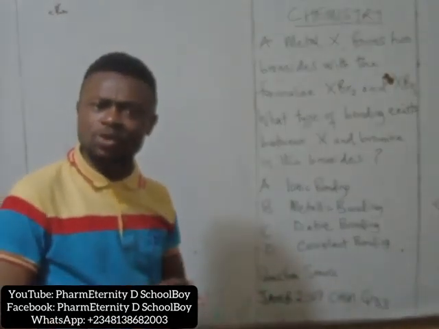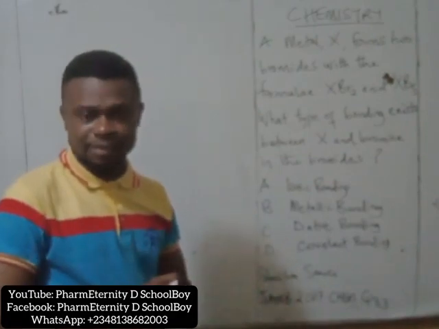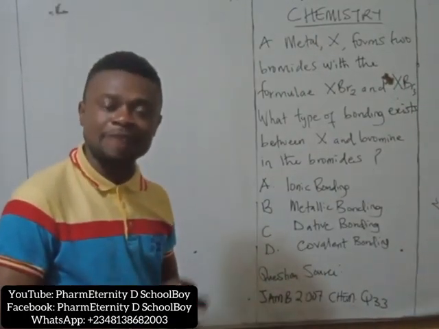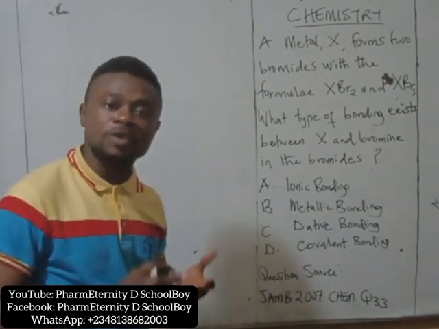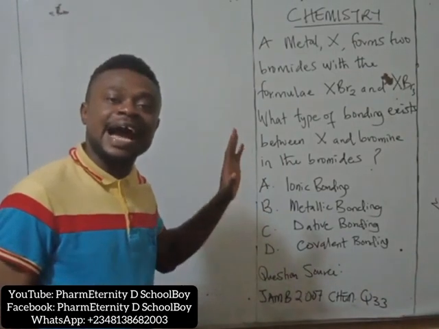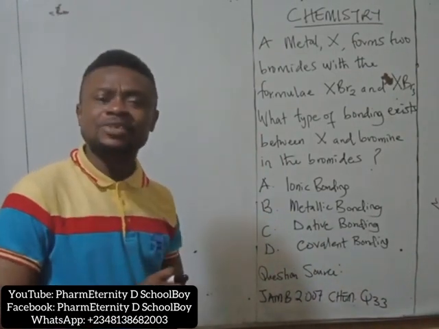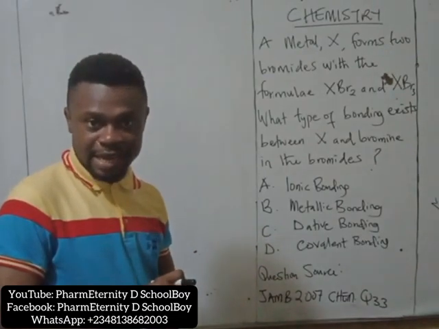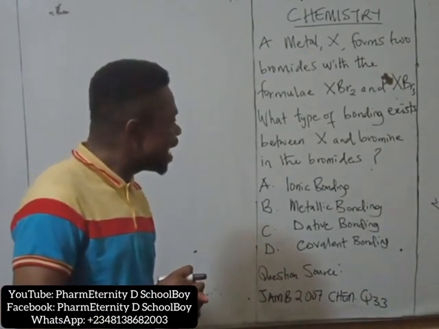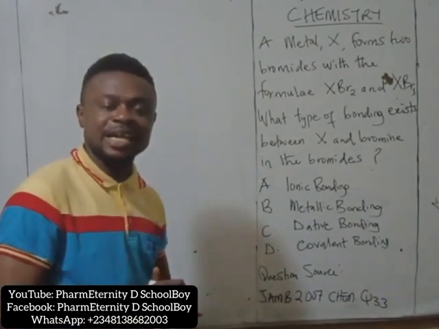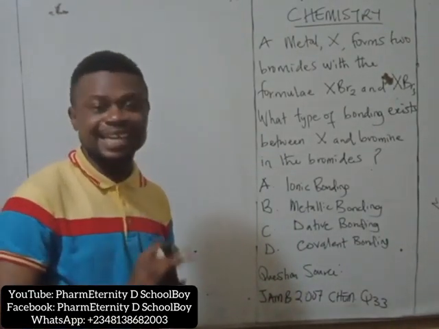Bromine belongs to group 7. Under group 7 we have fluorine, chlorine, bromine. They are known as halogens. They are highly electronegative elements, and on their outermost shell they have 7 valence electrons.